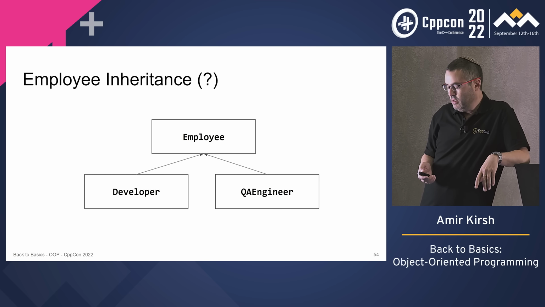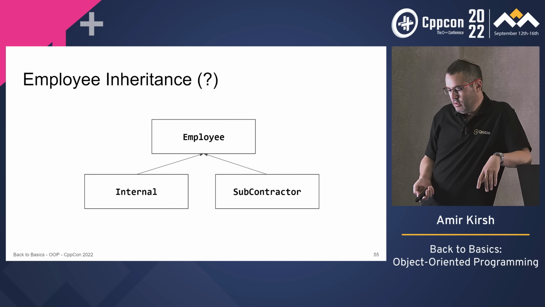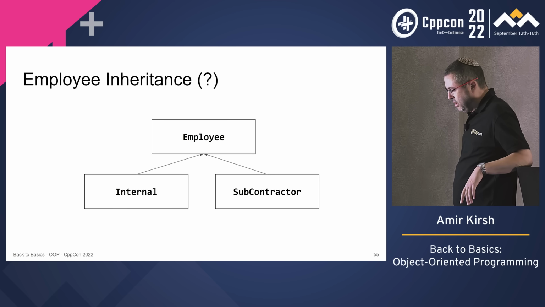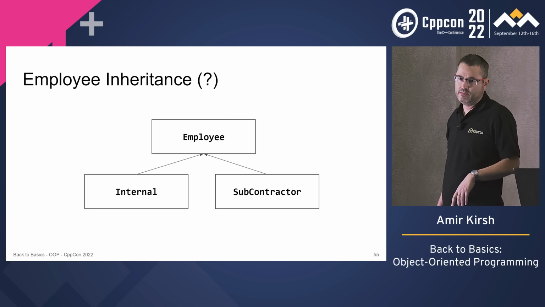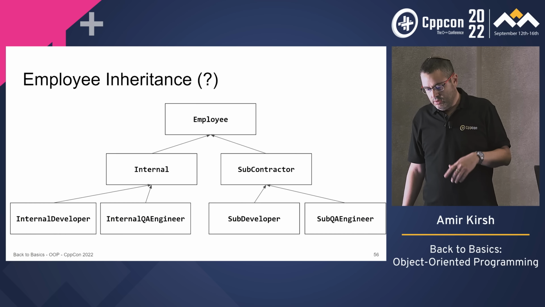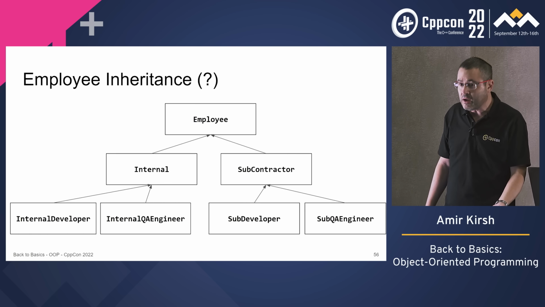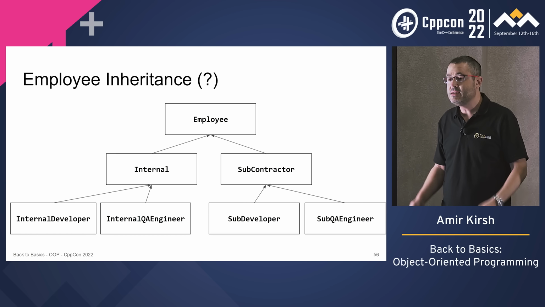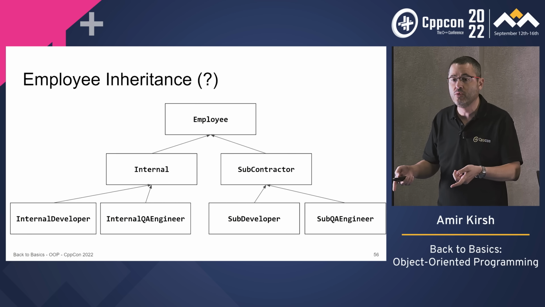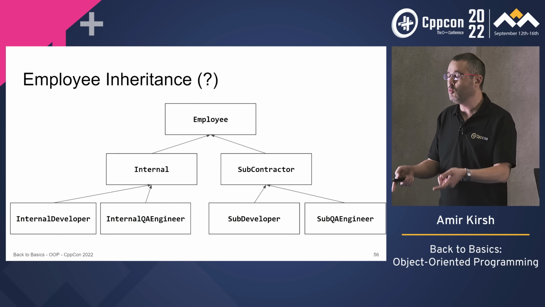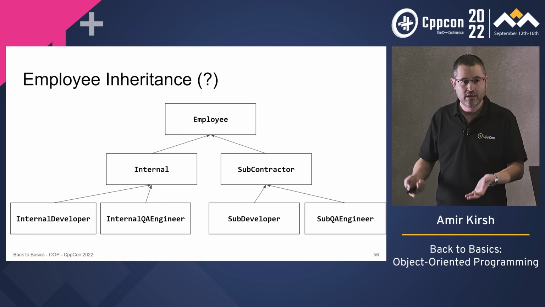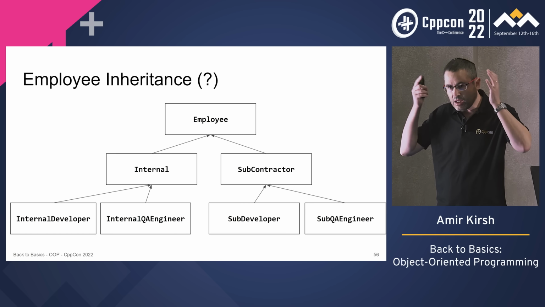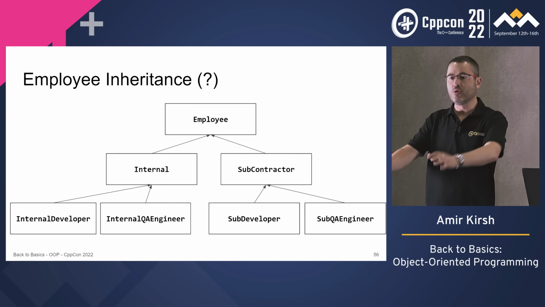Now, it comes even more complicated. Suppose that we also have internal employees and subcontractors. But also, the internal employees and contractors are QA and developers. And I would tell you that I see stuff like that in real code. Don't do that. But we tend to try to model the data that we think of directly into classes.